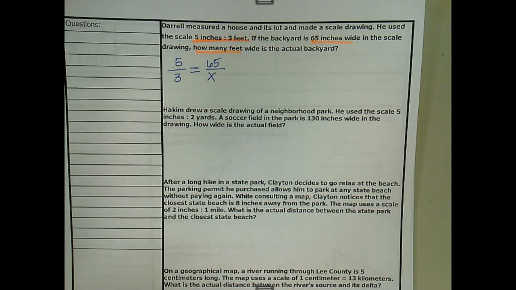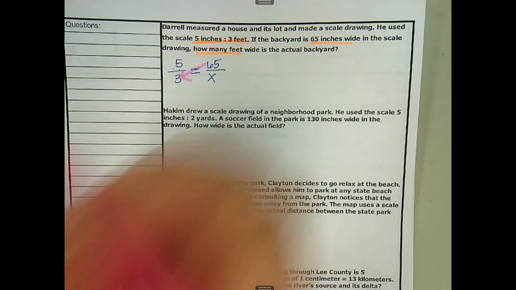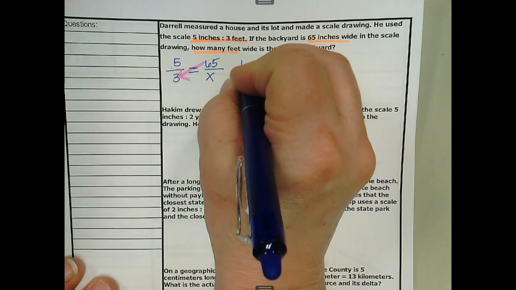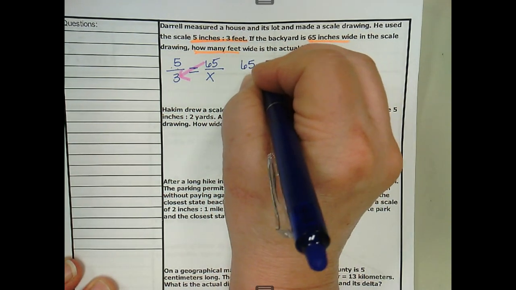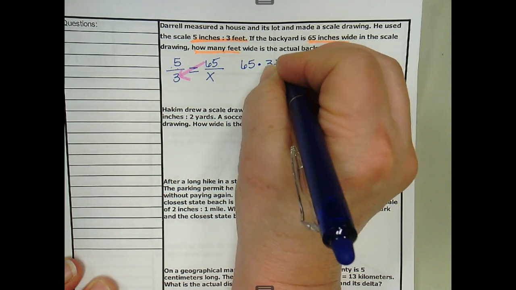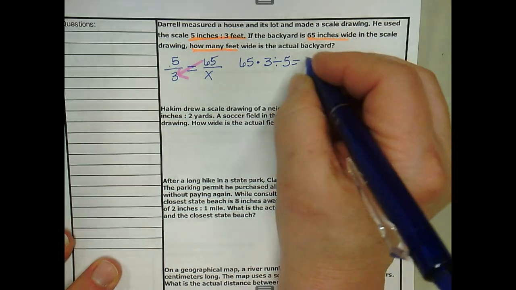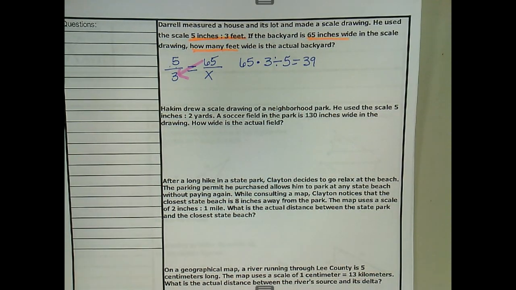I start by multiplying at the diagonal. So to solve this, 65 times 3 divided by 5. And guess what you end up with? 39. But what does that mean?